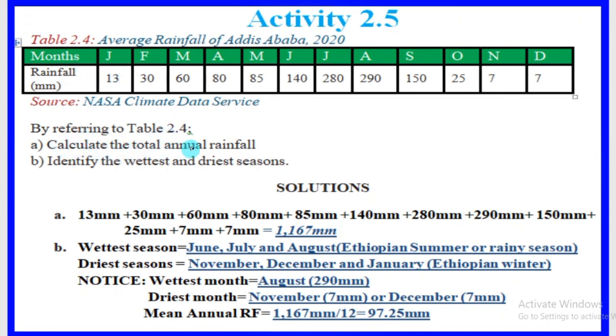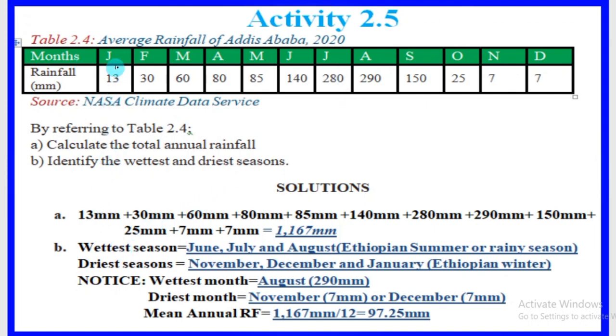By referring to table 2.4, this table: 1. Calculate the total annual rainfall, and 2. Identify the wettest and driest season. Solution for question number 1, just adding the whole given data, which means the summation of 12 months.